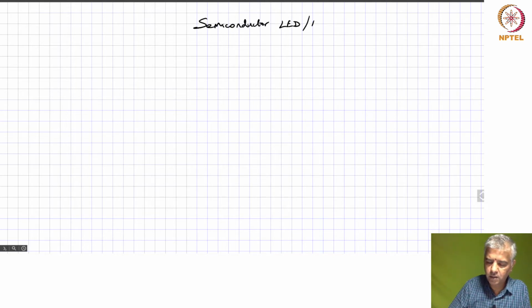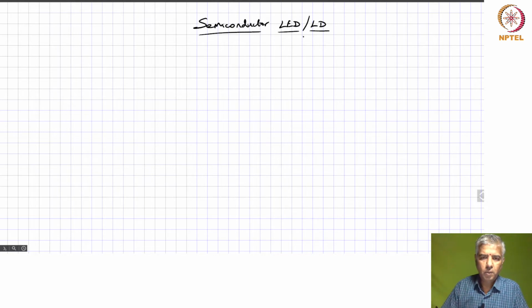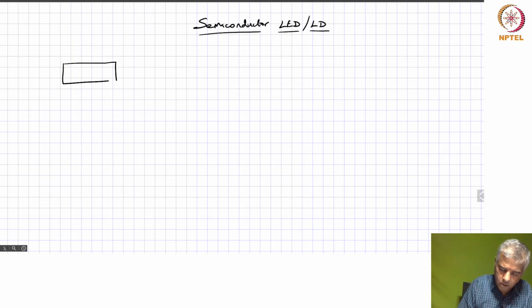A light emitting diode or a laser diode. So what is that based on? Well, we know that semiconductor light sources are essentially forward biased PN junctions, right? So you take a P-type semiconductor and put that together with an N-type semiconductor.